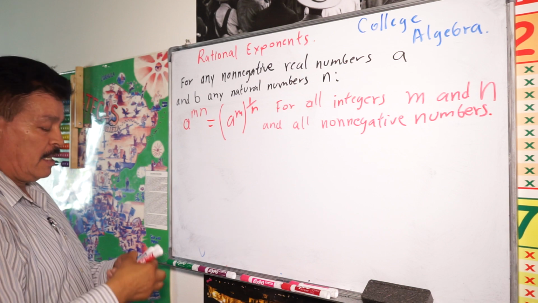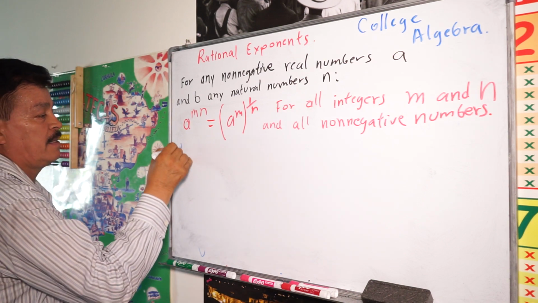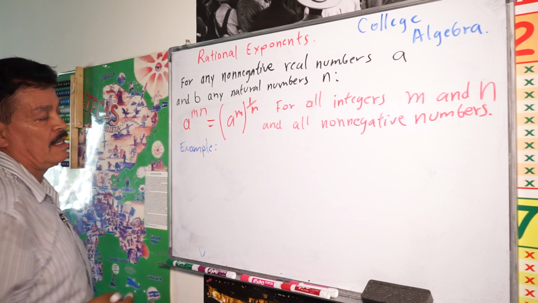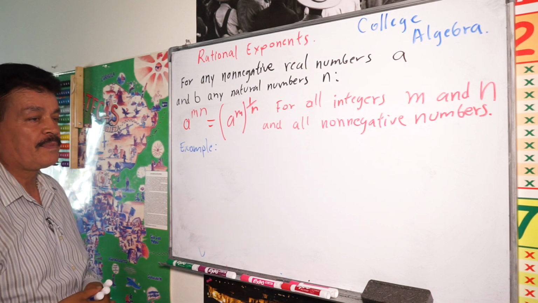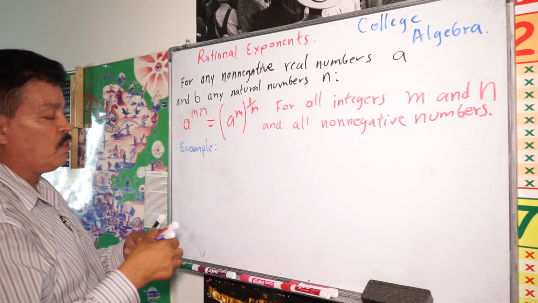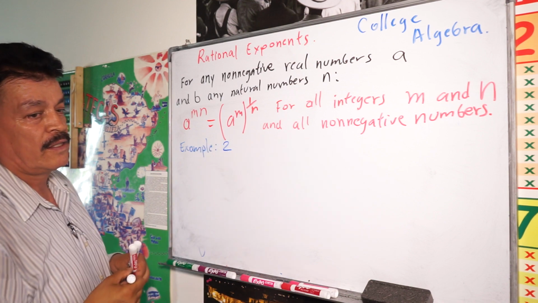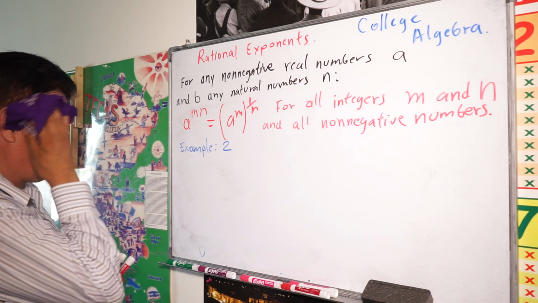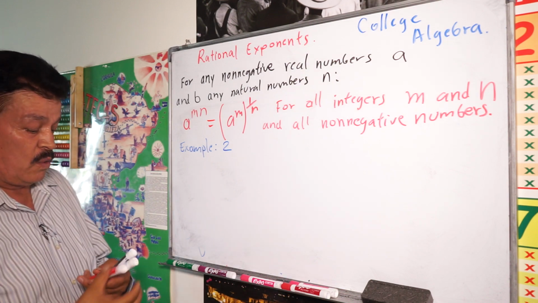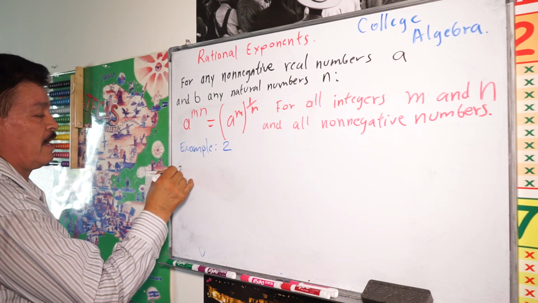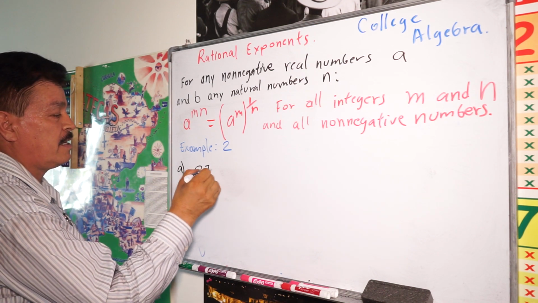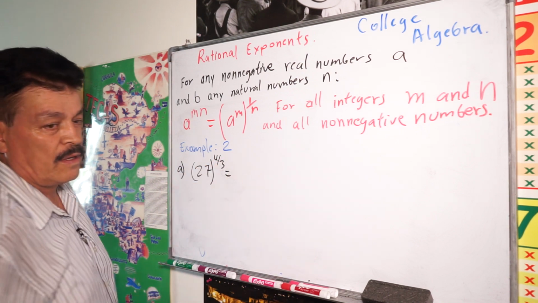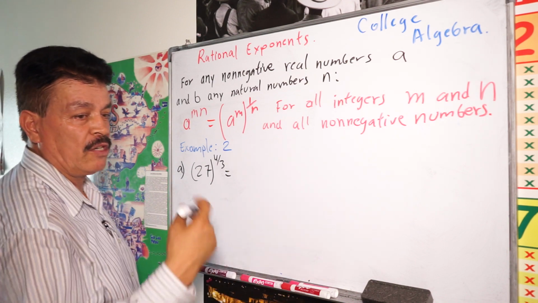Okay? So let's do example number 2. We did number 1. So for example number 2, let's write this problem here: 27 to the 4/3 power. Simplify or solve the problem.